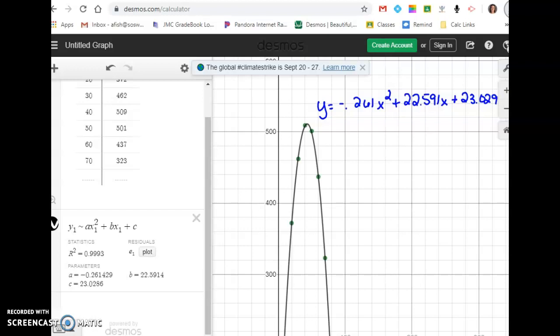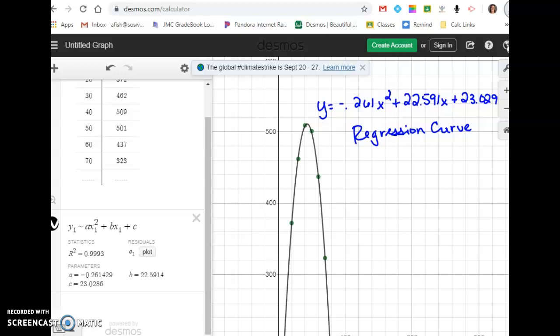This right here is my regression curve. So if I were to say, okay, if I put the angle at 45 degrees, you should be able to plug in that 45 into those x spots in order to figure out how many feet that pumpkin is going to travel.